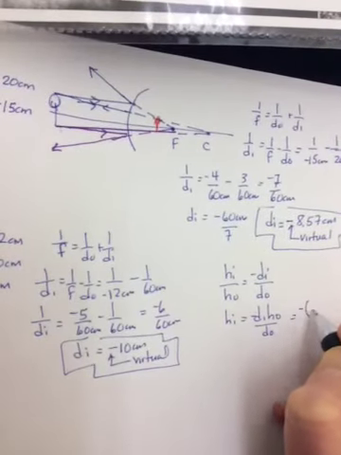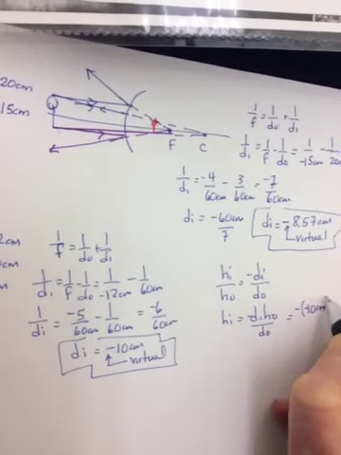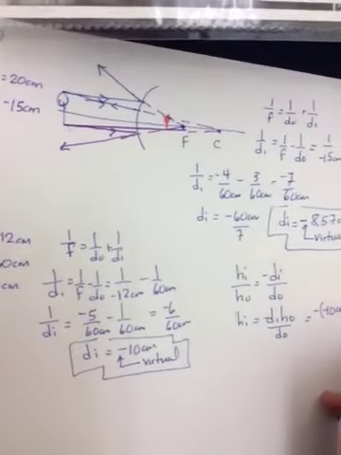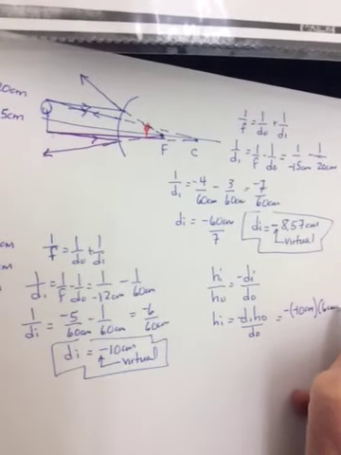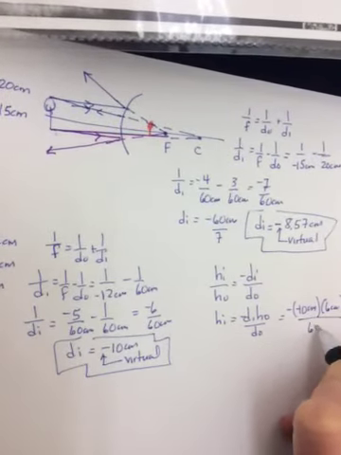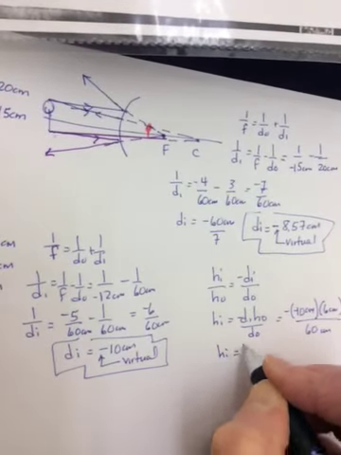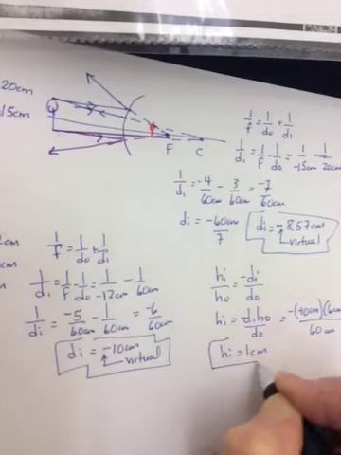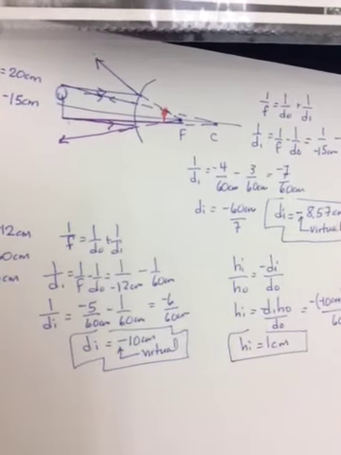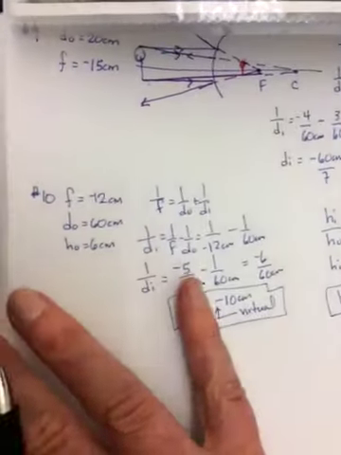So negative negative 10 times 6 centimeters over 60 centimeters. So you get a positive 1 centimeter. So the image is 1 centimeter tall.